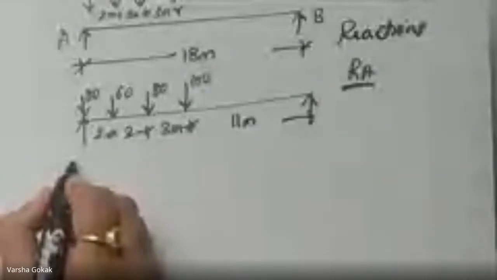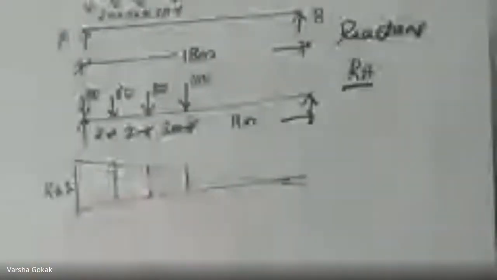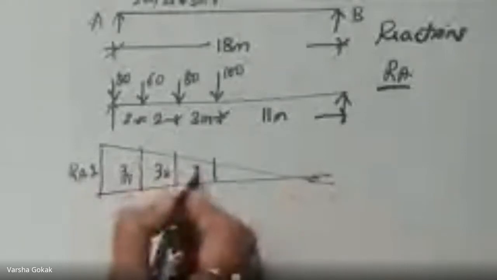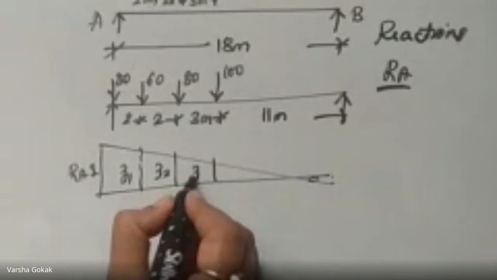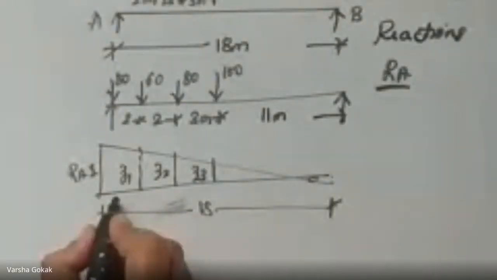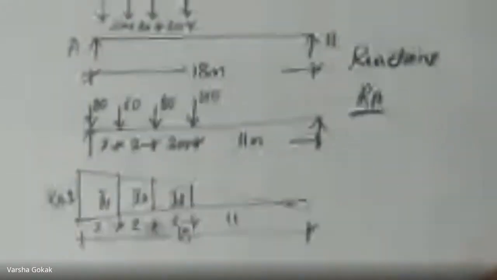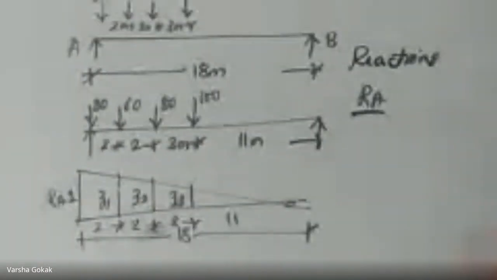This being 1, we need to get the ordinates of the others. Correct? So let's call these Z1, Z2, and Z3. Here the total distance is 18, and this is 2, this is 2, this is 3. Remaining is 11. So we have to get the ordinates first.